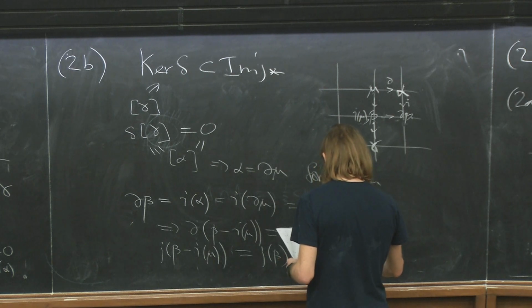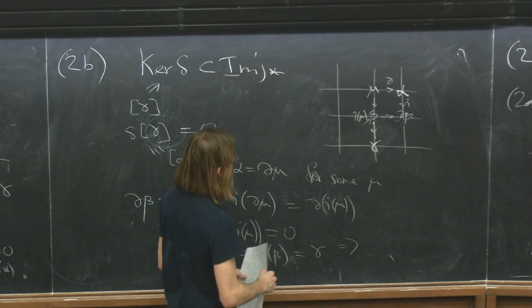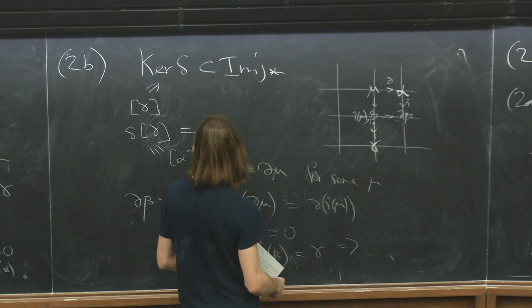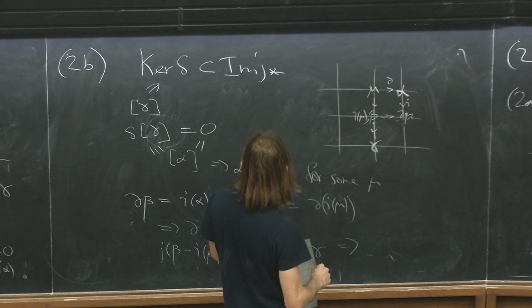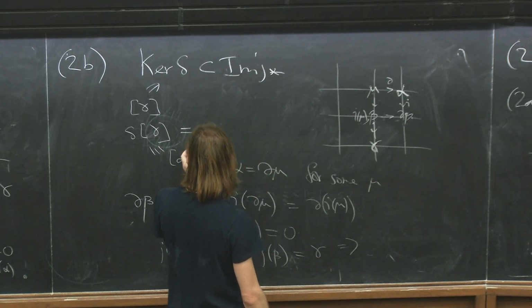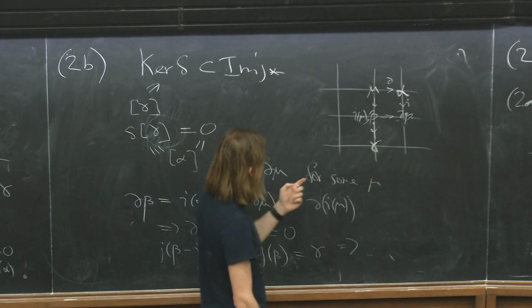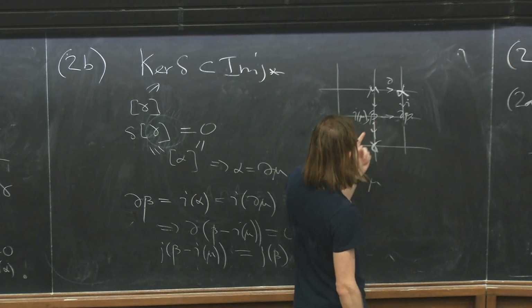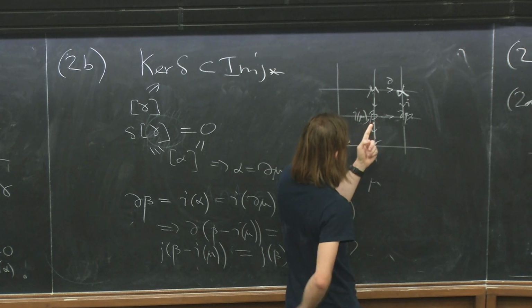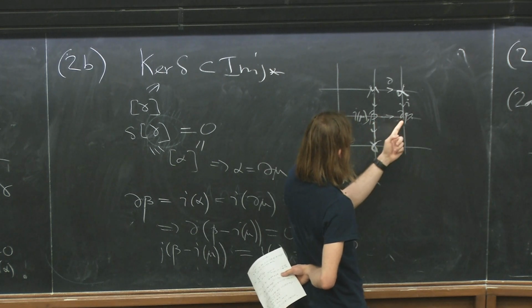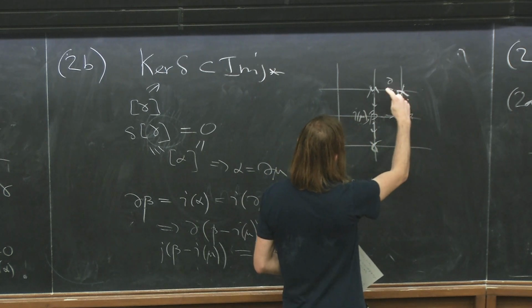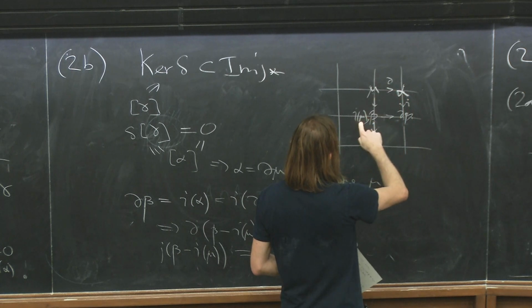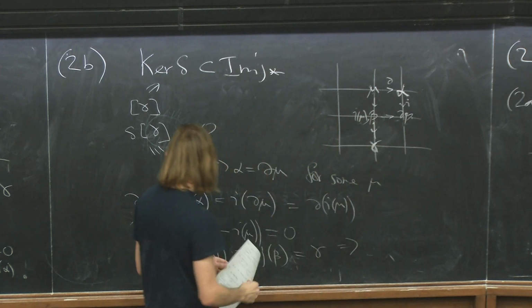And this in particular implies, so why did we need this mu? Because we wanted to construct some element of homology so that j star of it will give us this gamma. Naively we can try to use beta, but beta doesn't represent an element in homology because d of beta can generally be non-zero. But we can track this d beta back to some i of mu, so that this difference is actually killed.